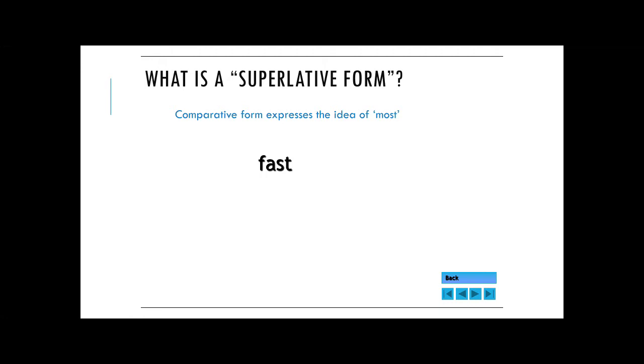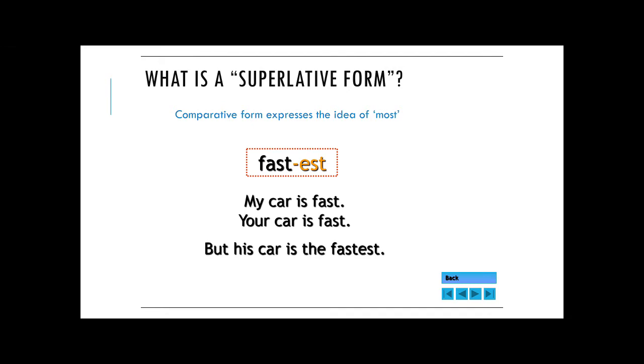Okay? So, fast, rápido, right? Fastest, el más rápido, right? My car is fast, your car is fast, but his car is the fastest. Ya? You compare here, mi carro es rápido, tu carro es rápido, pero su carro es el más rápido.